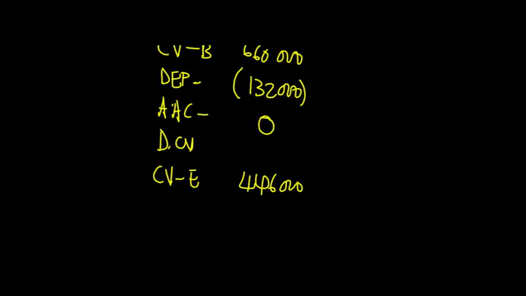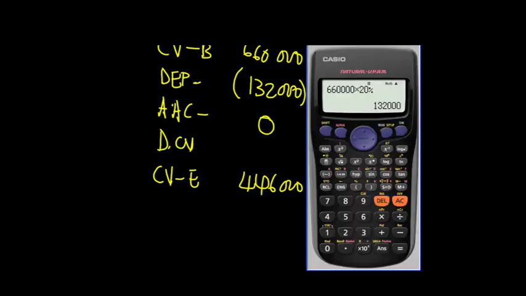Now look at that calculation. 660,000 minus 132,000, let's do that. 660,000 minus 132,000 is equal to that, minus 446, and the figure is 82,000 rand. What does that figure represent?